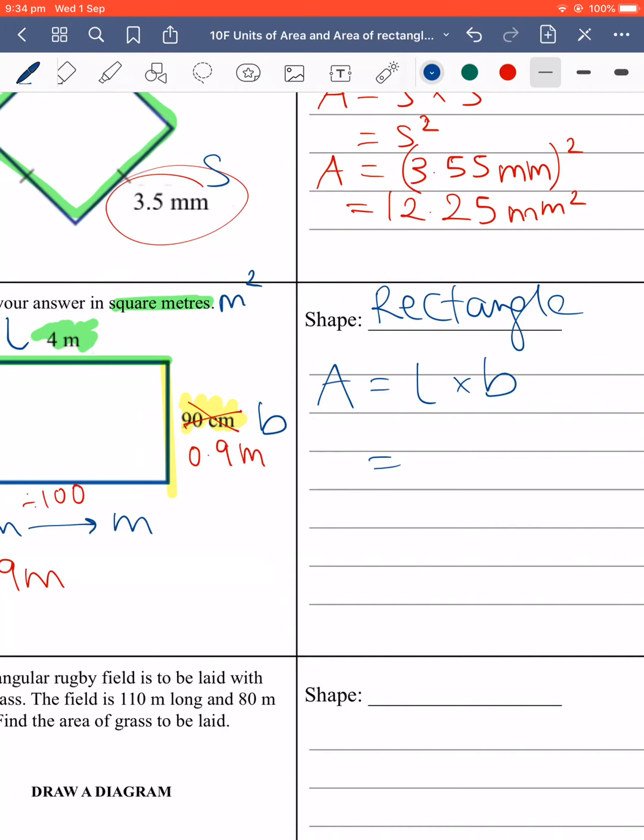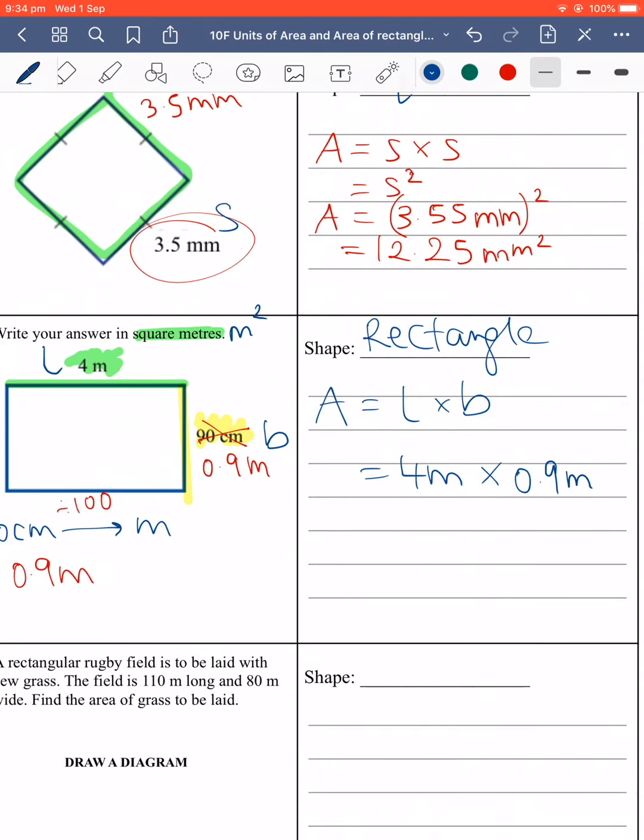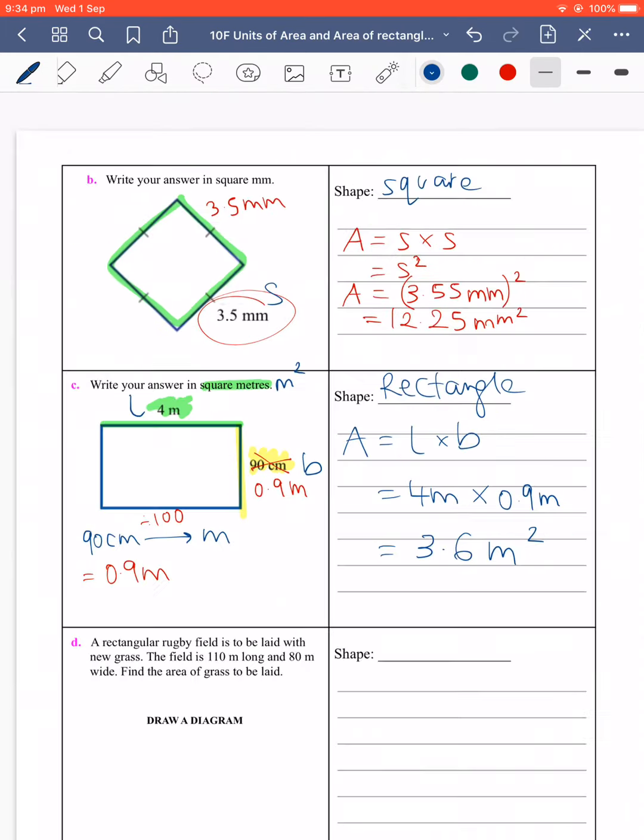So my length is 4 meters, and I'm multiplying it by 0.9 meters. So let's put that in. So 4 multiplied by 0.9 meters, I end up with my answer of 3.6 meters squared.